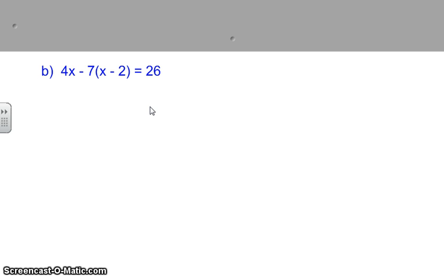Let's change that so it's really clear. This is a negative 7 plus a negative 7. Right? We could also change what is inside the parentheses to plus a negative 2. So our first step will be to distribute. Multiplication comes before this addition, right? So bring down the 4x plus negative 7 times x plus negative 7 times negative 2, positive 14.